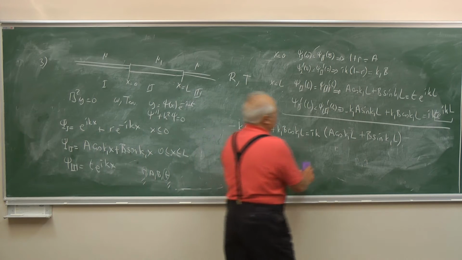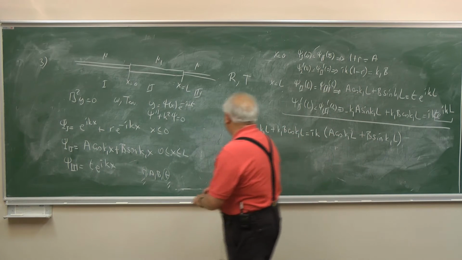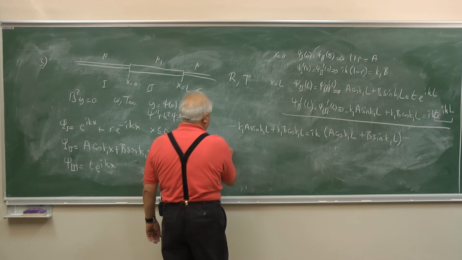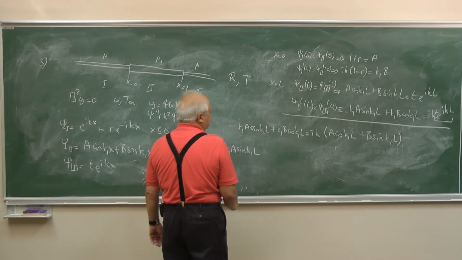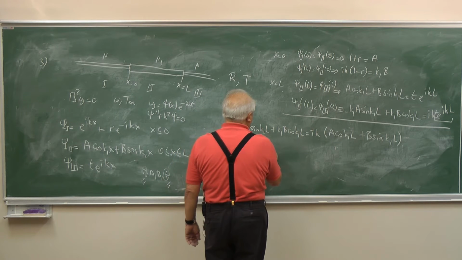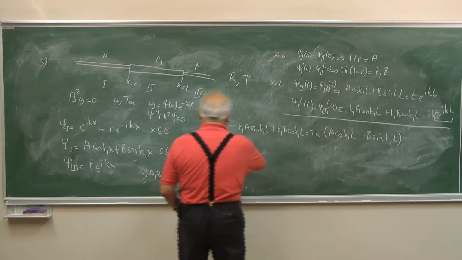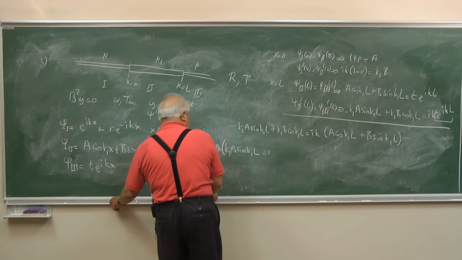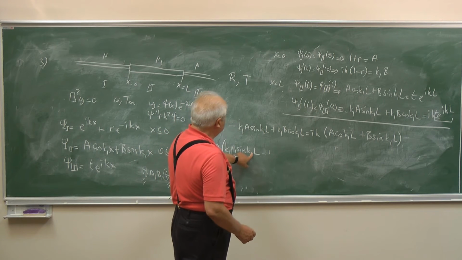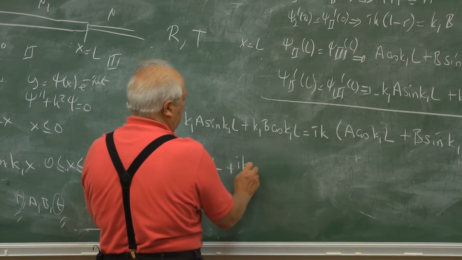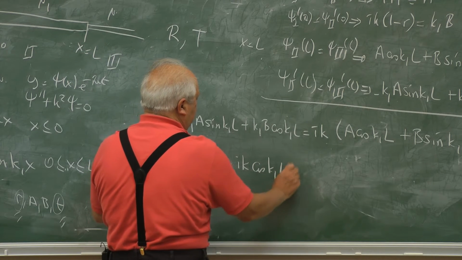Let us collect: a on the left, b on the right. Minus k1 a sine k1L minus ik a cosine k1L, let me just take minus a parenthesis: minus a, k1 sine k1L. This becomes now plus ik cosine k1L.